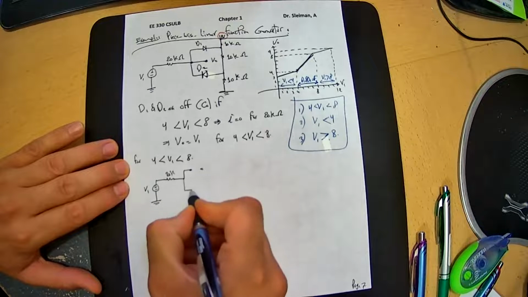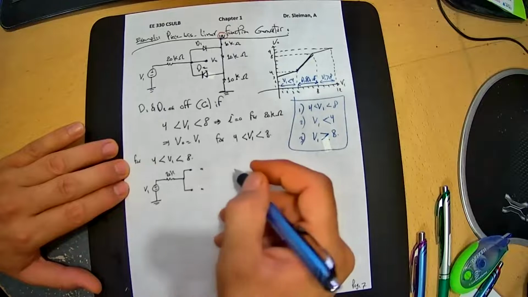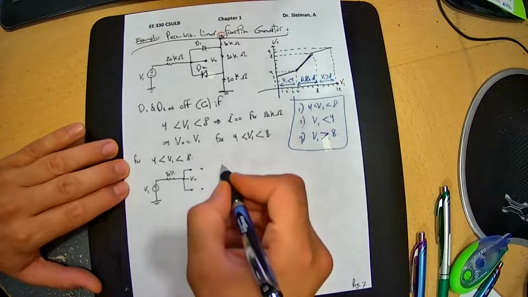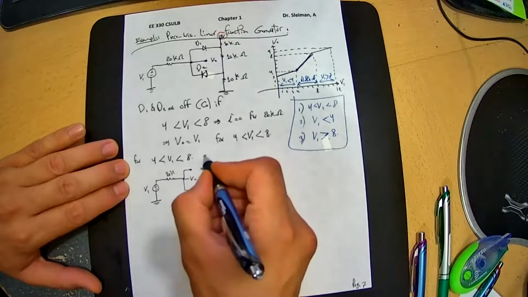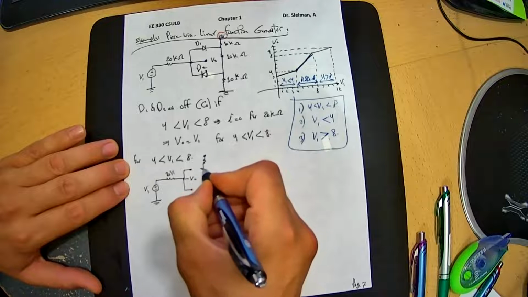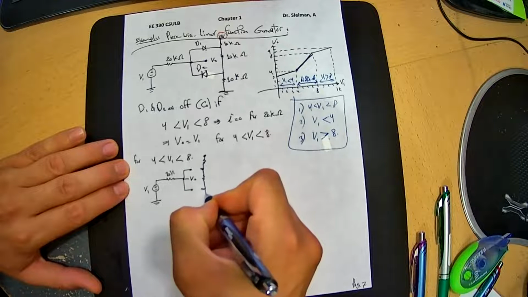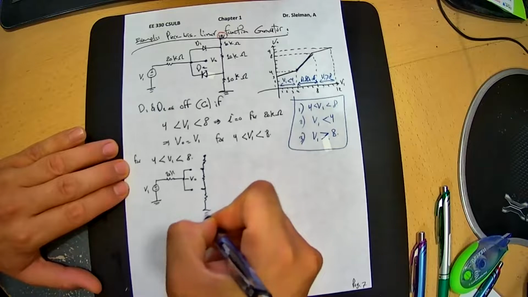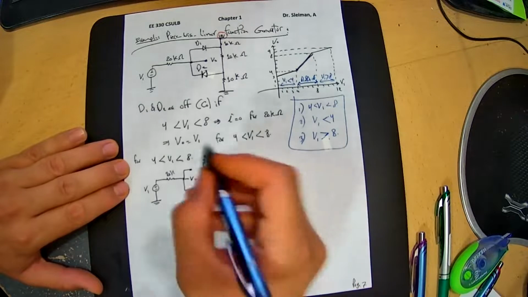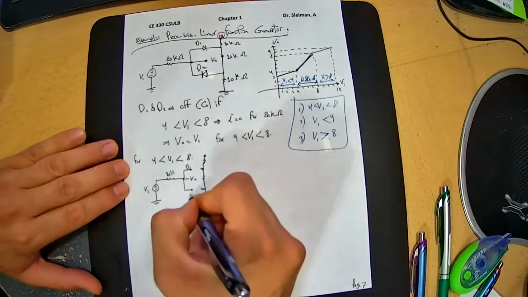We have D1, we have D2. This is V0. So you know the values. What happened on D1 and D2?